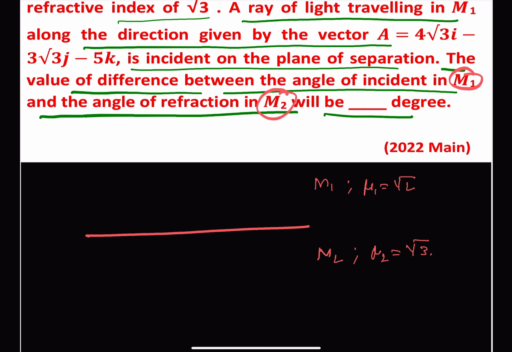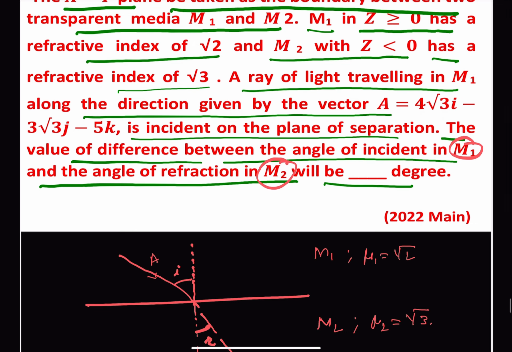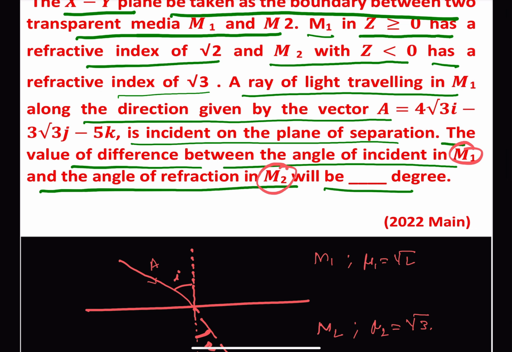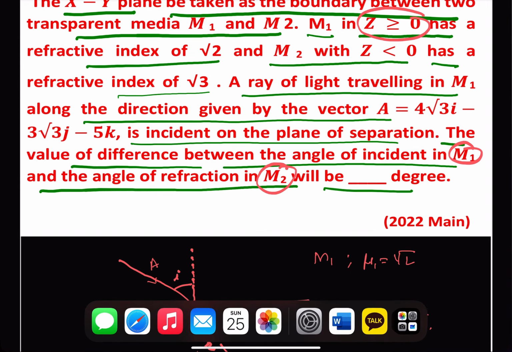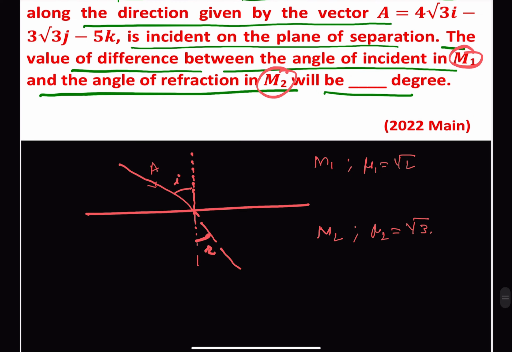And the incident angle, let us suppose this is given as angle I, and this is our angle R, and this is an incident vector that is given as A. And we are given that M1 is z greater than or equal to 0 and M2 is z less than 0. So the division of the plane is with respect to the z axis.